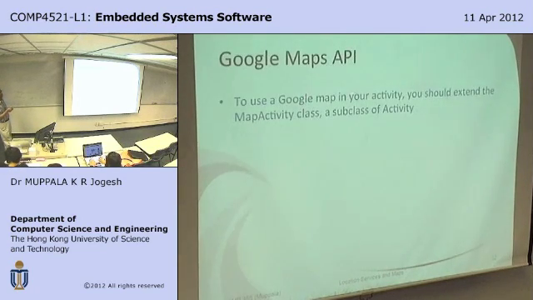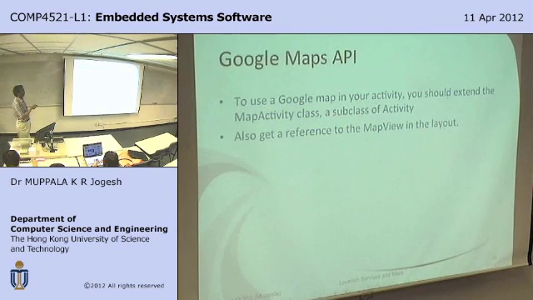Within your activity, if you need to use Google Maps, the map view is going to be included in one of the layout files, and these layout files have to be inflated in one of your activities. If you're going to make use of it within your activity, you have to extend this class called the map activity class. So this is not the standard activity, this is a specialized subclass of activity.